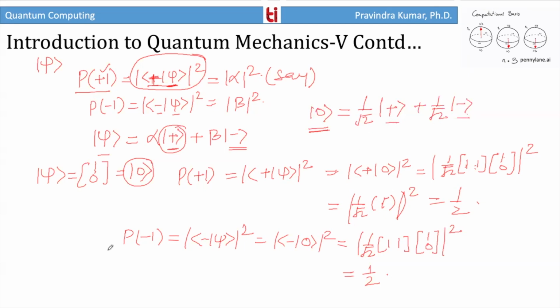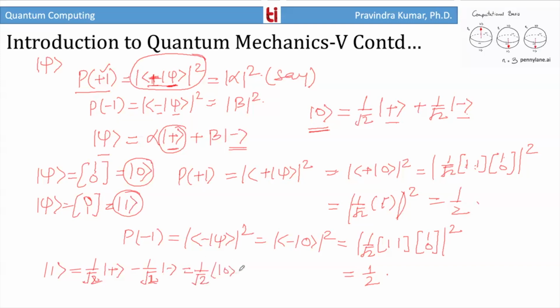Or you can say the state 0 can be written as a superposition of the eigenstates of Pauli X. Similarly, for computational basis state 1, when psi is equal to (0, 1), or quantum state ket 1, the state 1 can be written as a superposition of the eigenstates of Pauli X, meaning it is 1 by under root 2 ket plus minus 1 by under root 2 ket minus, or I can write 1 by under root 2 (ket 0 minus ket 1).